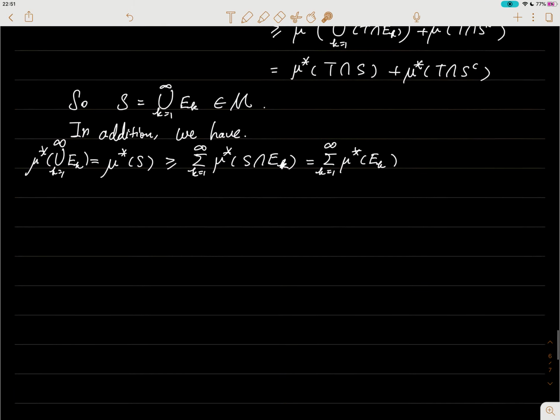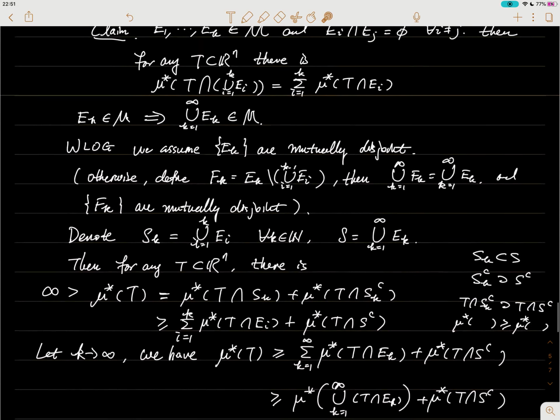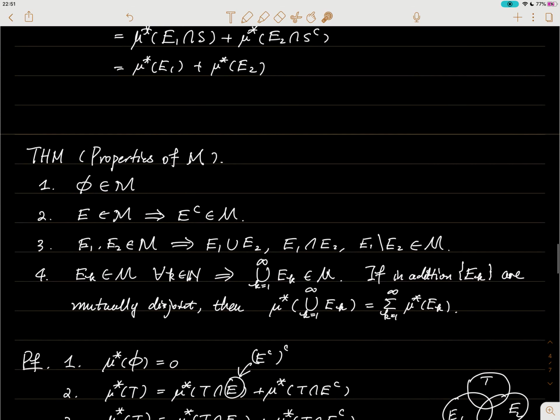Okay, so now because of the previous claims we made, the empty set is a measurable set. If set E is itself measurable, the complement of that is also measurable. And we also showed that if the E_k's are measurable, then the union of them is measurable.